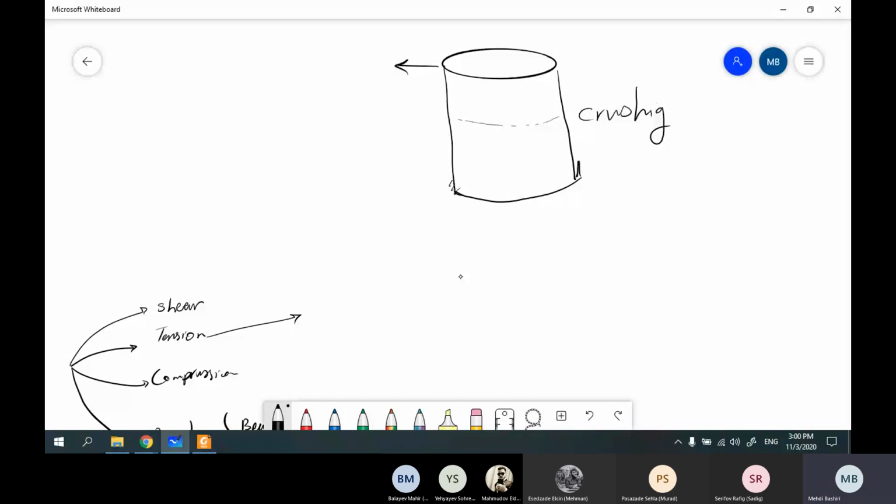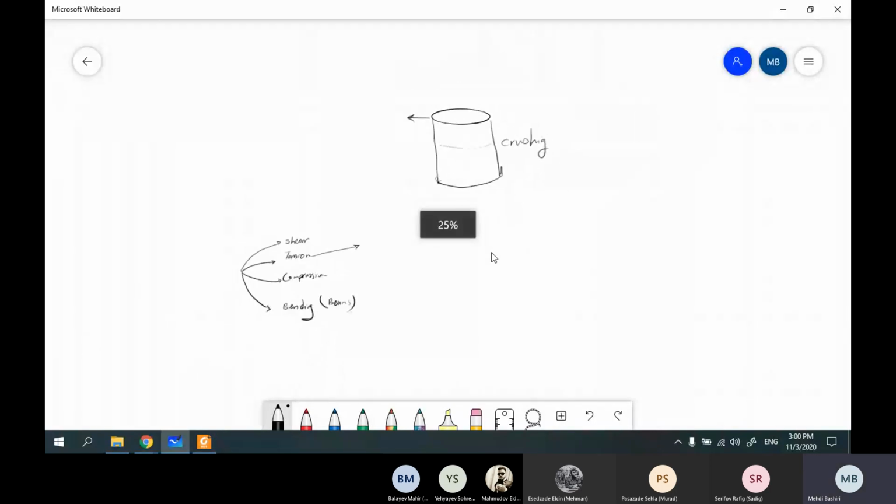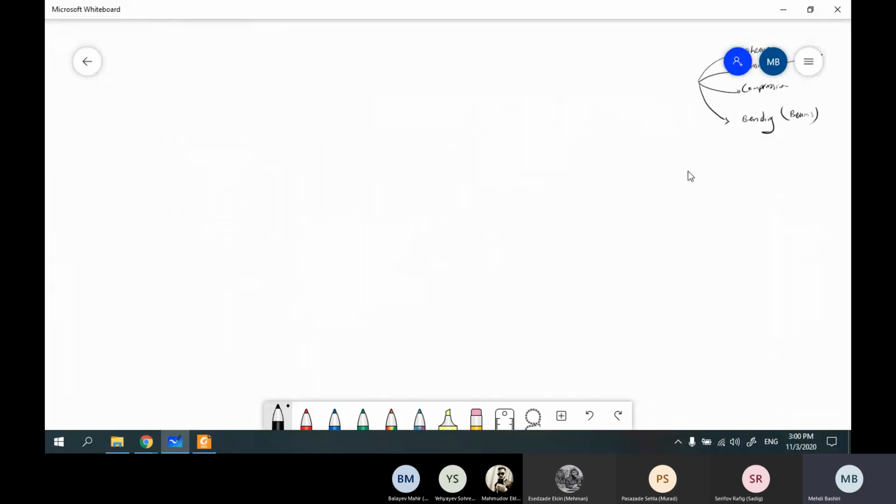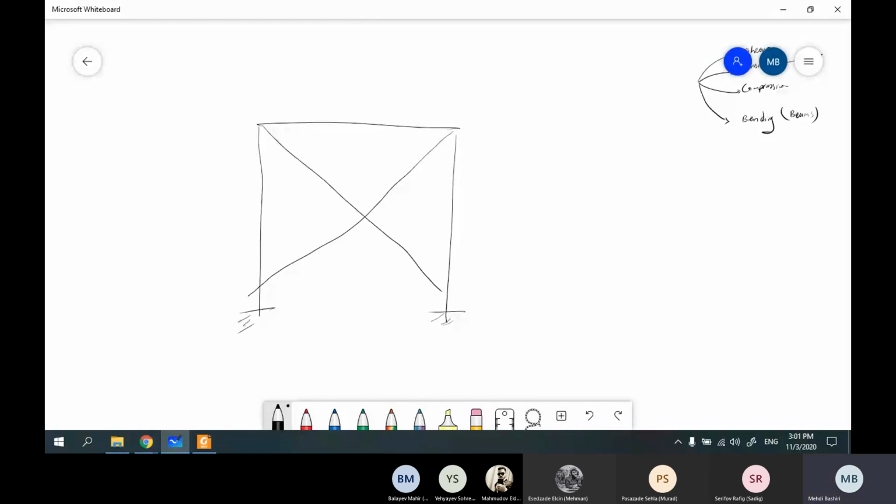How? As I explained before, one of the common members under tension in a building is braces. I explained braces before, and now I'm going to explain them again.